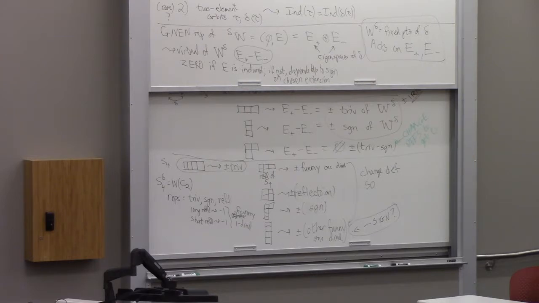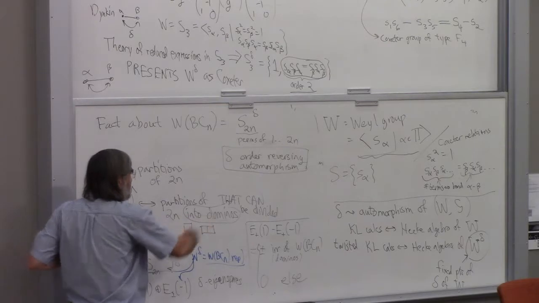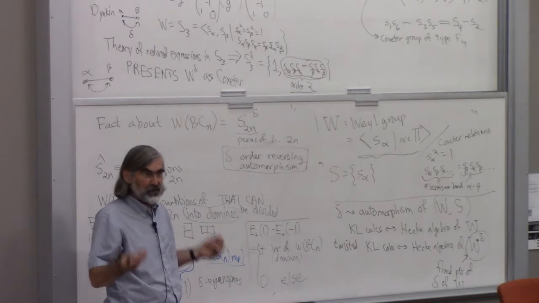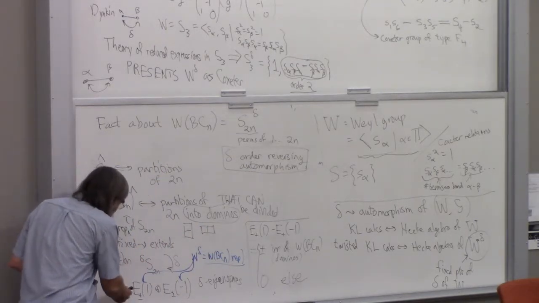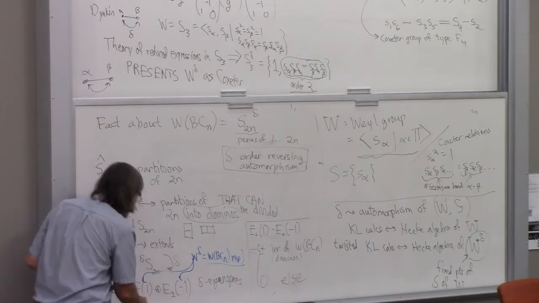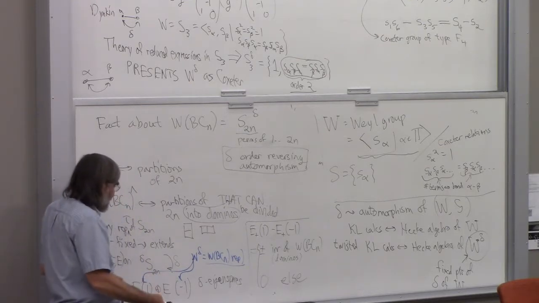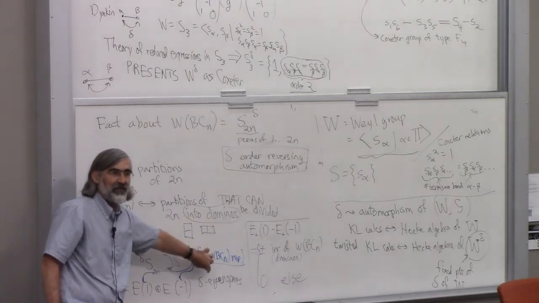Could you repeat what you said in the lower corner? Sure. Given this representation of the symmetric group, I can extend it to my extended symmetric group of order 2n factorial times 2 in 2 ways. I'll call those plus or minus. Once I fix such an extension, I get a +1 and a -1 eigenspace for this operator delta.